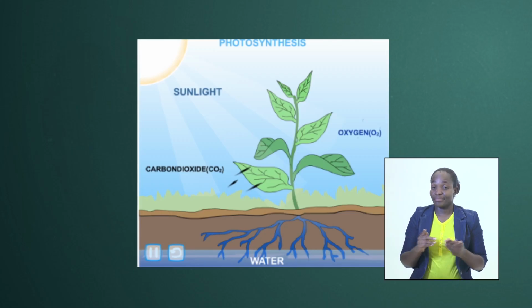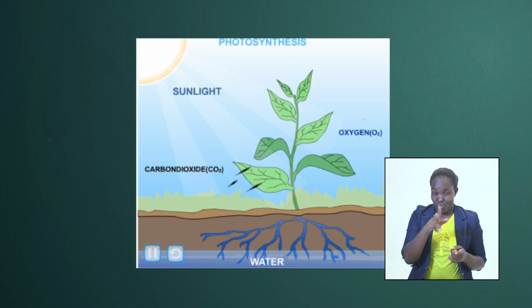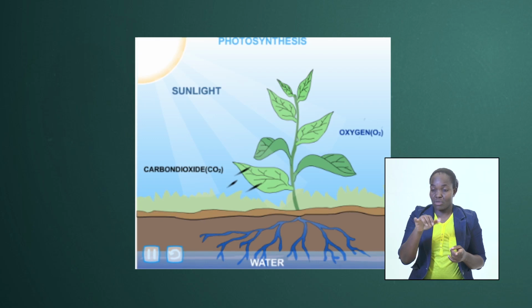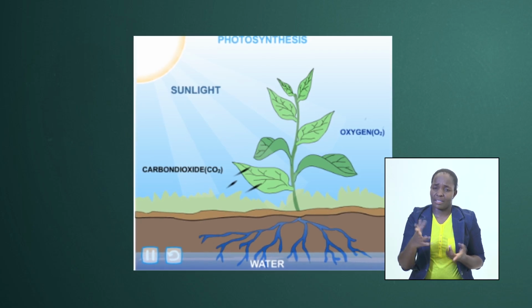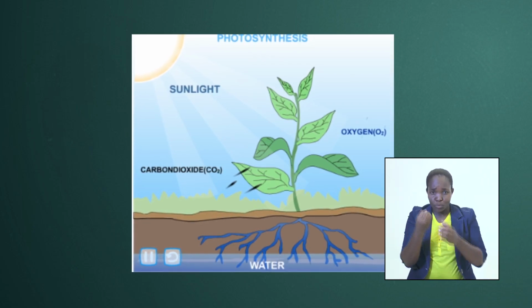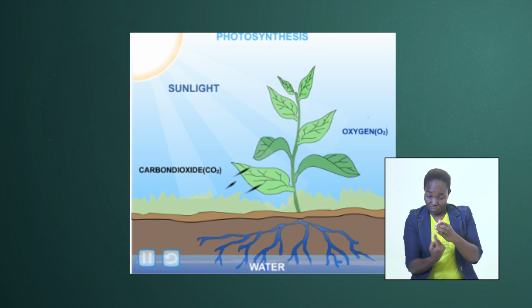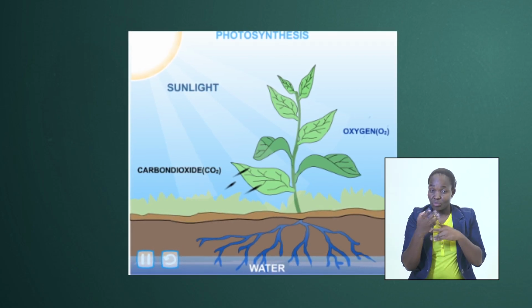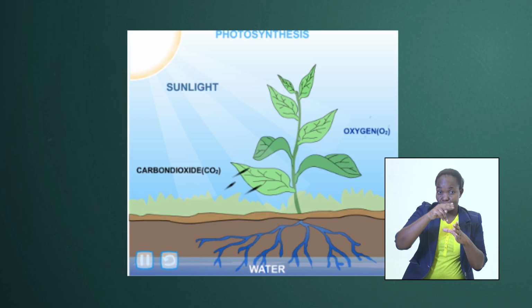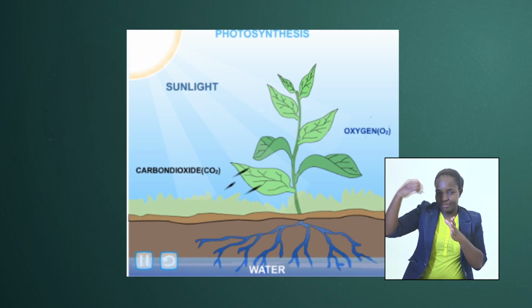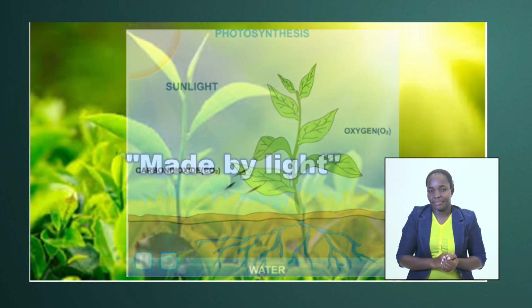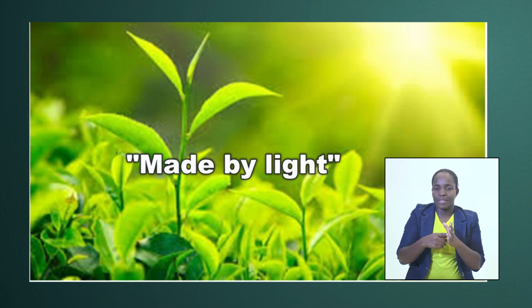Friends, you can probably by now pronounce and spell photosynthesis, right? You've been hearing it so often. You know now that plants make their own food through this process called photosynthesis. Photo means light. As a brief definition, we can say photosynthesis means made by light.